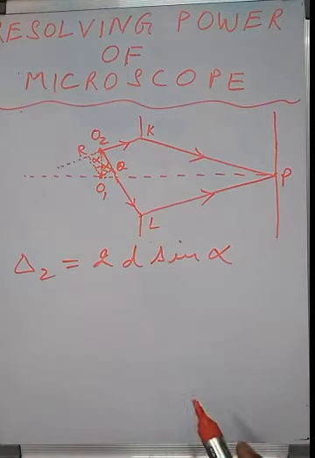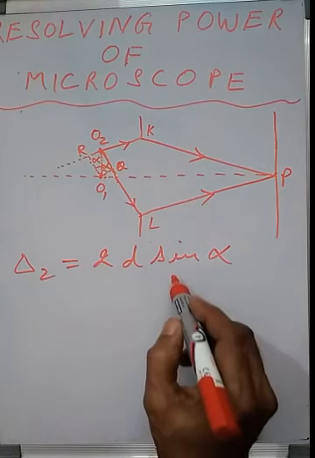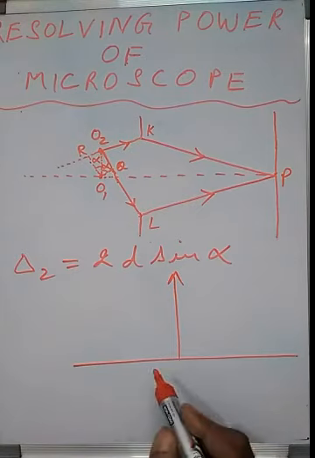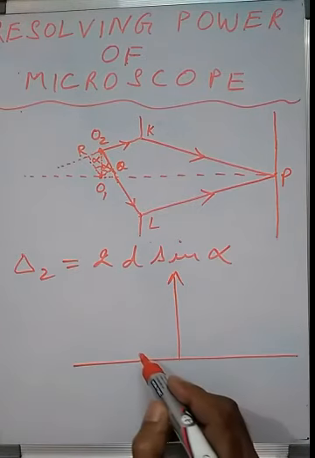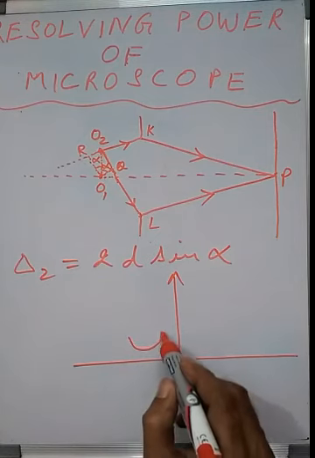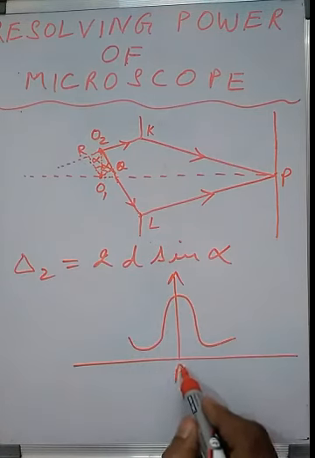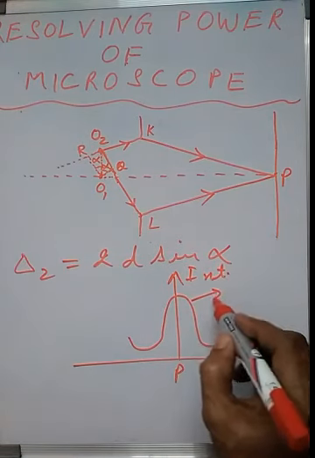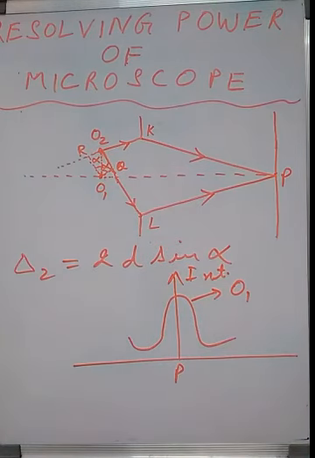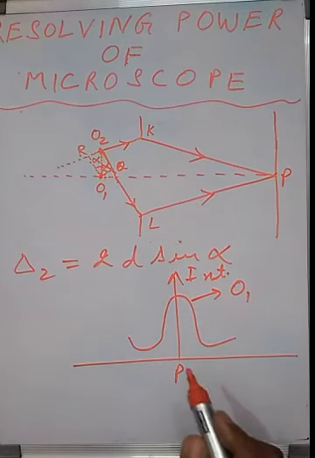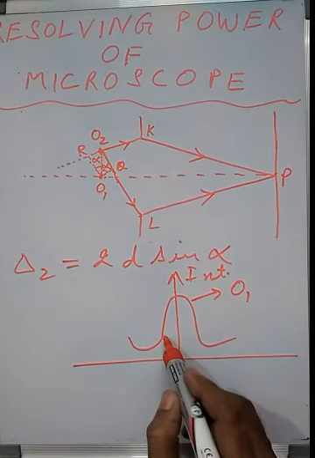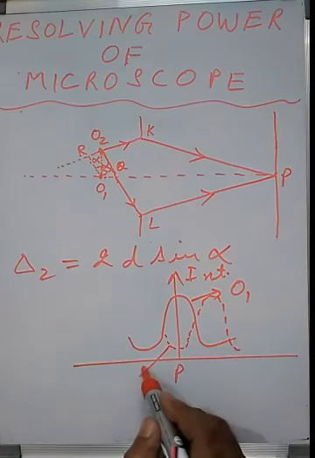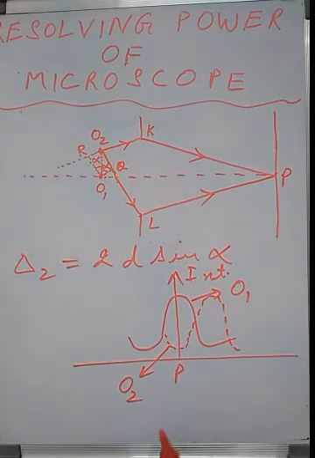Now according to Rayleigh's criterion, if I plot the diffraction graph with respect to light from object O1, suppose here we have point P, here we plot intensity, then the central maximum is formed due to light coming from O1, and for light coming from O2, the Rayleigh criterion says the minimum should exist at point P. So this is the first order minimum due to light coming from O2.